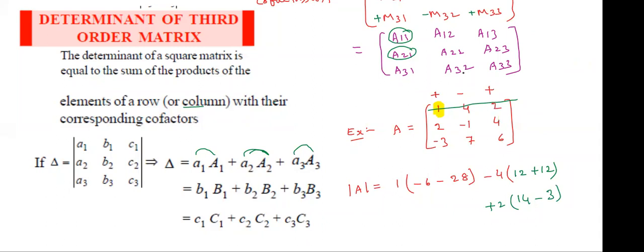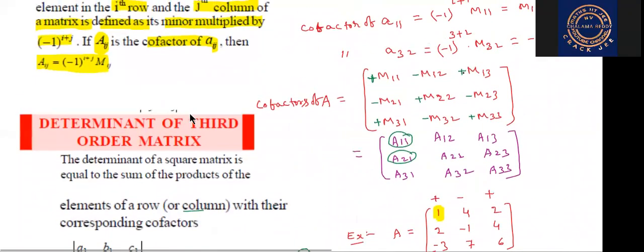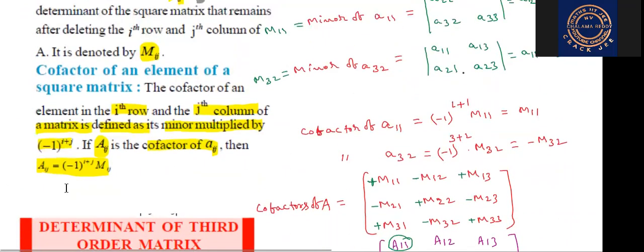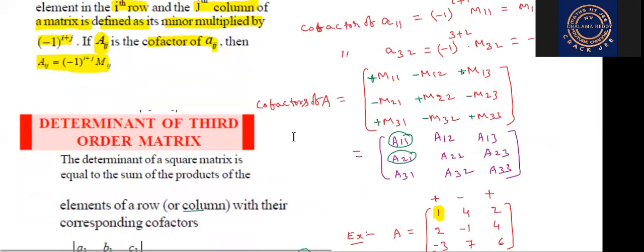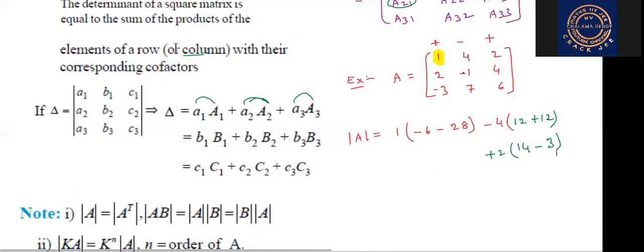Here I have already written the symbols plus, minus, plus. How do we get the symbols? Plus, minus, plus by observing (minus 1) whole power i plus j, we get the symbols. Students, calculate this. How much do we get as the answer? Minus 34. 24 fours are 96.